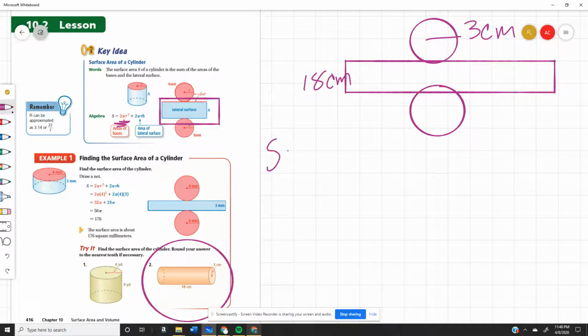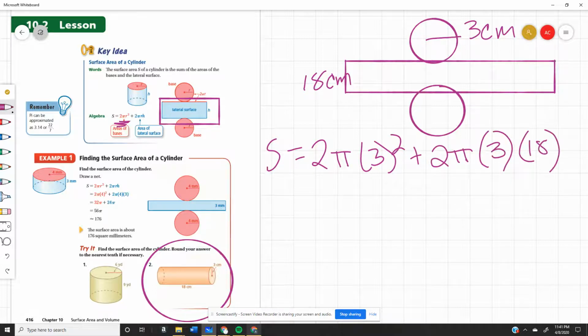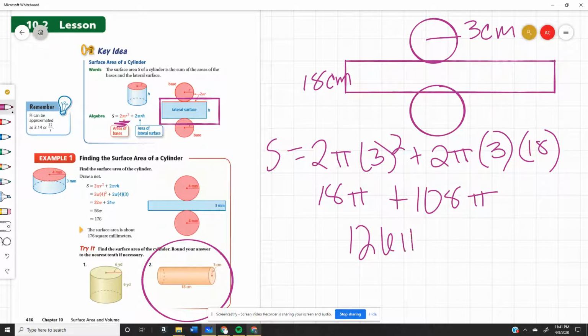Okay, so surface area is equal to 2 times pi times 3 squared plus 2 times pi times 3 times 18. 3 squared is 9. 9 times 2 is 18. So right here we've got 18 pi. 3 times 18 is 54. 54 times 2 is 108. So we've got 108 plus 18, and that equals 126 pi.